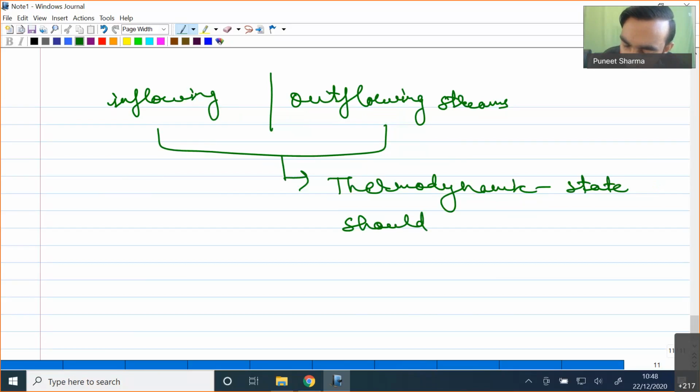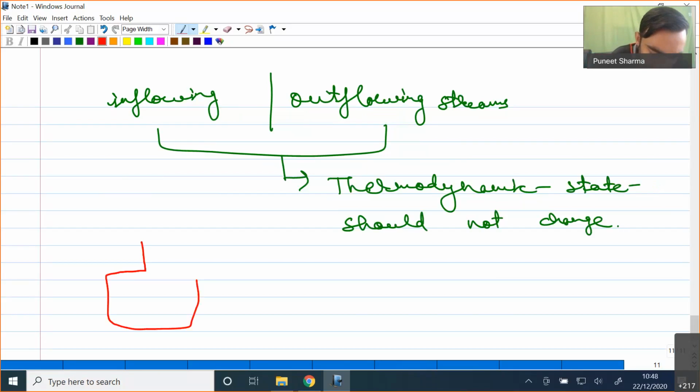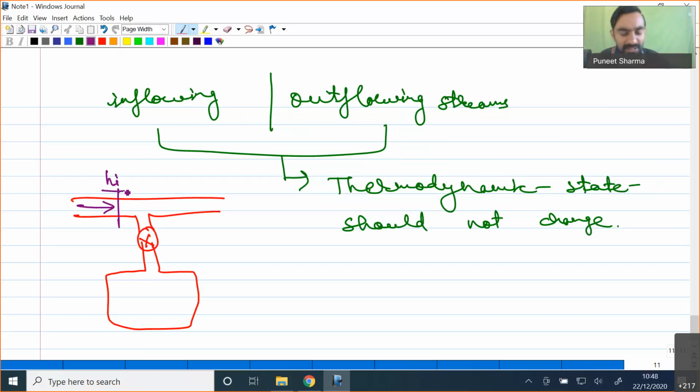For example, what is the meaning of this? As I told you in the previous case, we are having a tank and some valve over here, and over here we are having some stream coming with enthalpy Hi. Hi represents the thermodynamic state of this stream. While this transient process is happening, the thermodynamic state of this particular stream should not change.